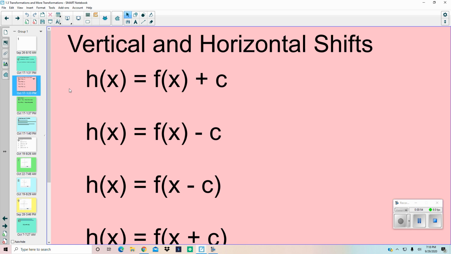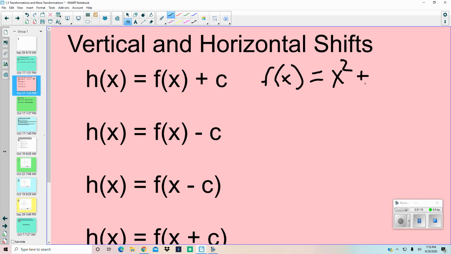A vertical and horizontal shift occurs when you add a number onto the function itself. So for example, say I have f of x equals the parabola x squared.